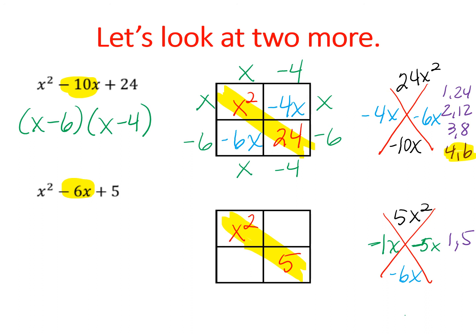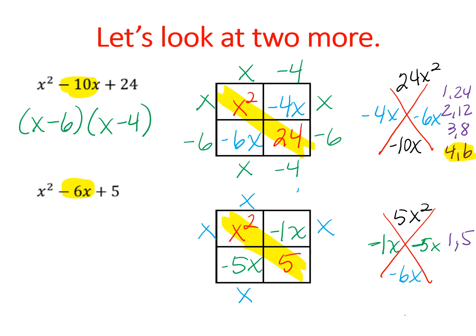Because a negative 1 times a negative 5 is going to give me a positive 5, and a negative 1 plus a negative 5 is going to give me a negative 6. So fill those in, our negative 1x, our negative 5x, and then back to our fun factoring. X times x gives me x squared.